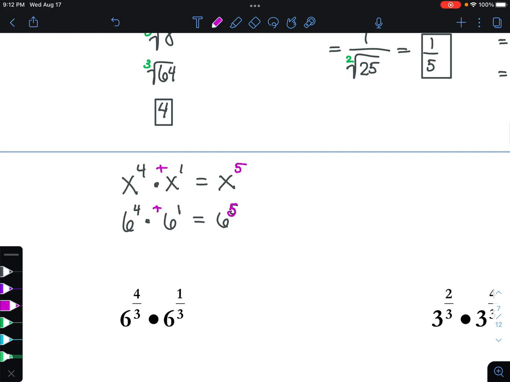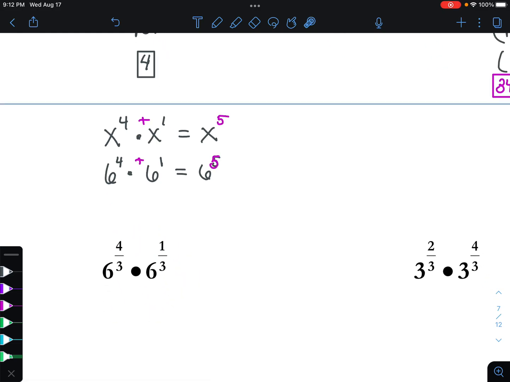So if we follow that same property, look at this first example here. We have the same bases, and we're multiplying the powers. So what we're going to do is add the exponents. This is going to equal the same base raised to the sum of the exponents. So that when you add fractions, the denominator stays the same. You add the numerator.